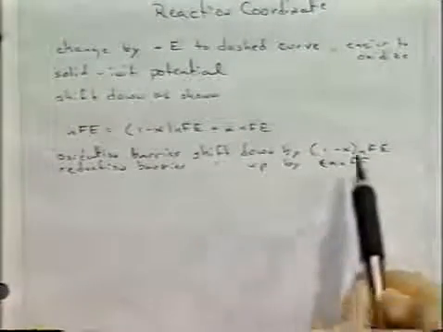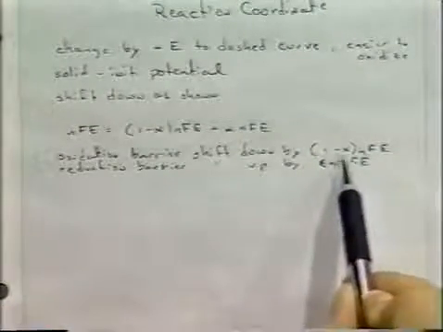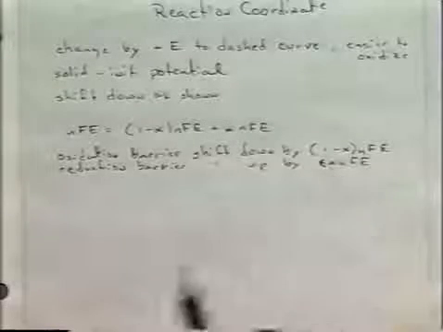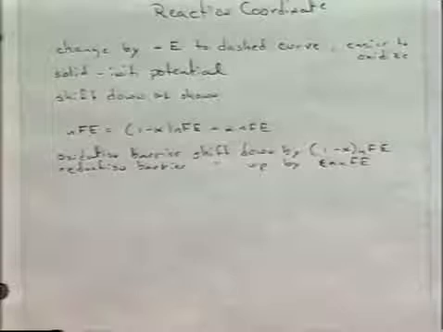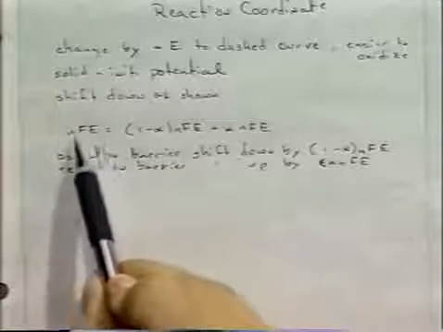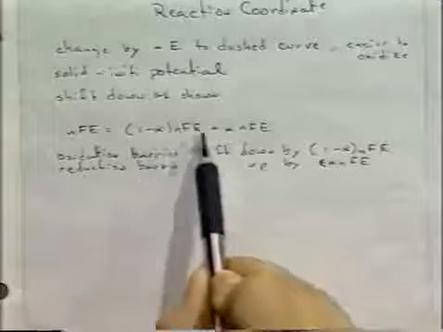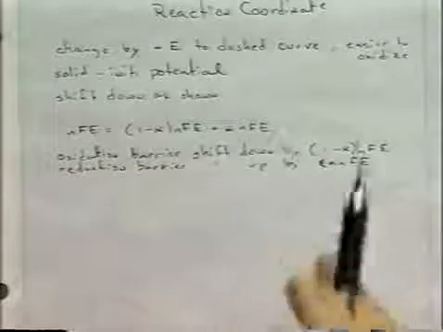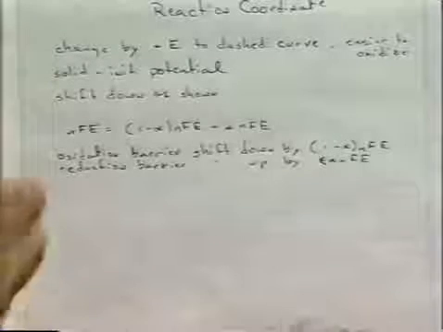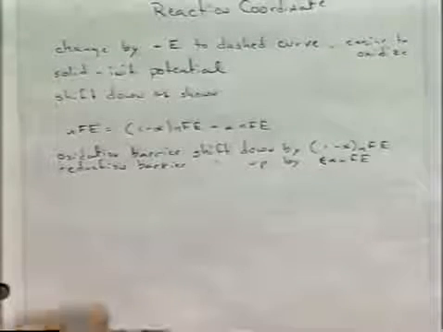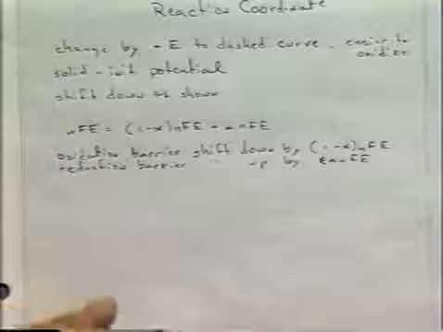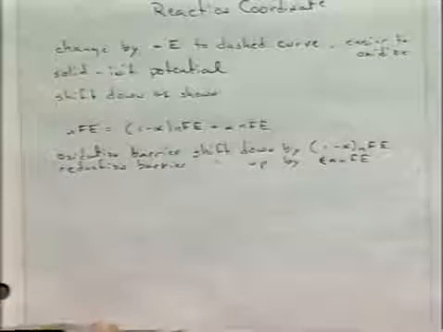The oxidation barrier shifts down by a fraction (1 minus alpha) NFE, and the reduction barrier shifts up by a fraction alpha NFE. So the total free energy change is the sum of those two processes, and that's the alpha term we're seeing in the system. The alpha term is a symmetry factor, and it has to do with the shifts in the barrier as we change the free energy in the system.